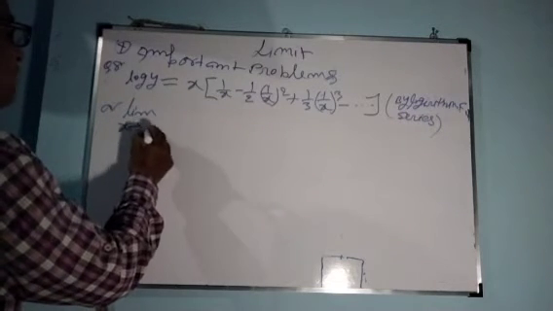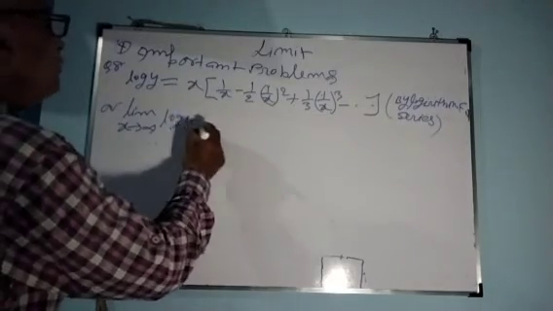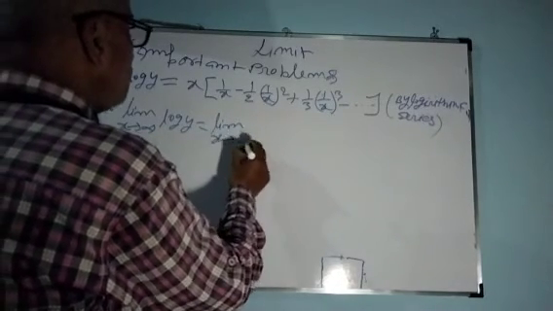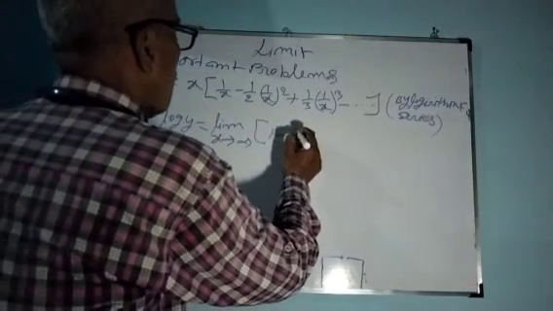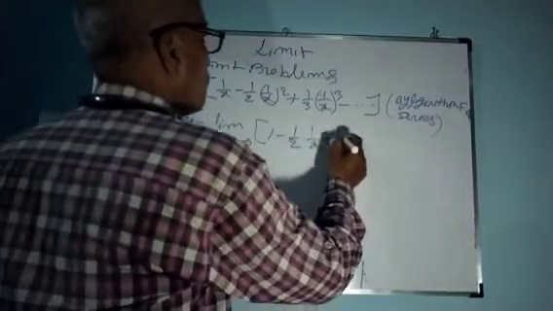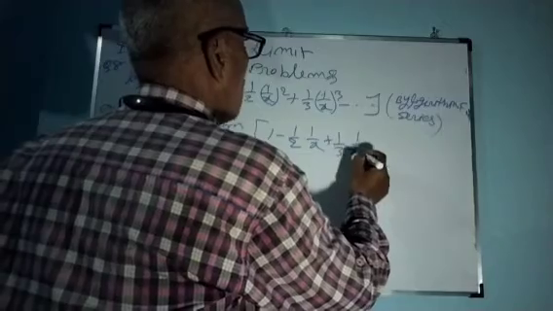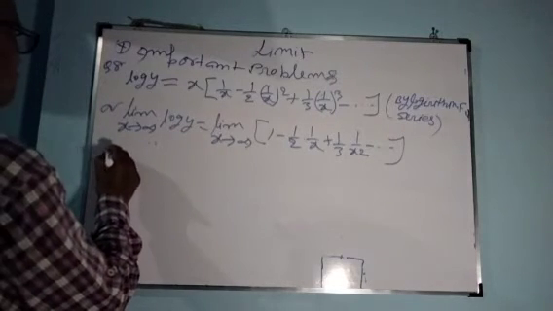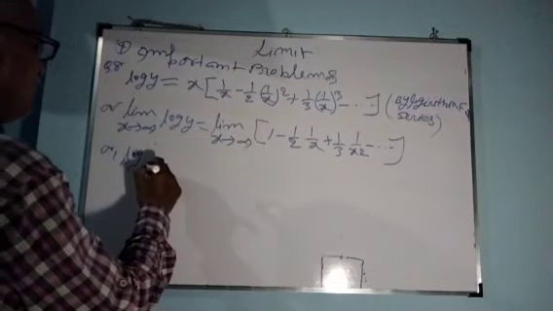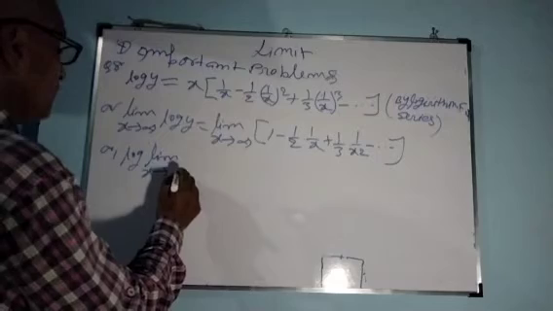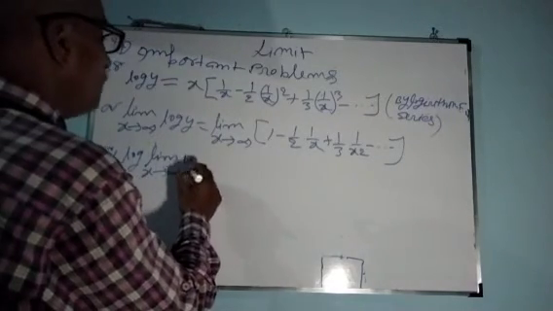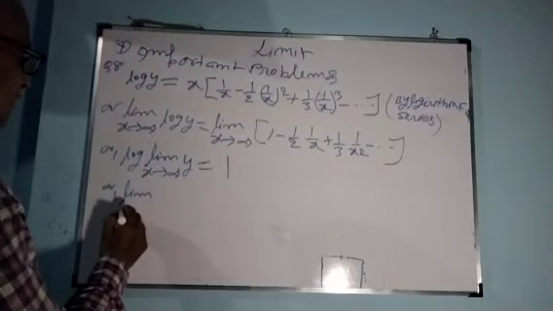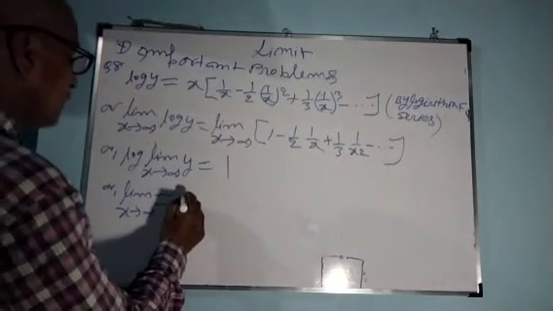Limit x tends to infinity, log y is equal to limit x tends to infinity 1 minus half 1 by x plus 1 by 3, 1 by x square minus and so on, or log limit x tends to infinity y is equal to 1, or limit x tends to infinity y is equal to e to the power 1.